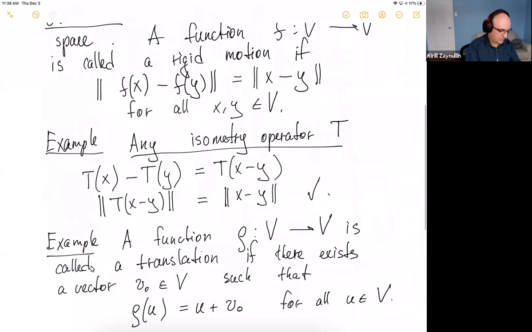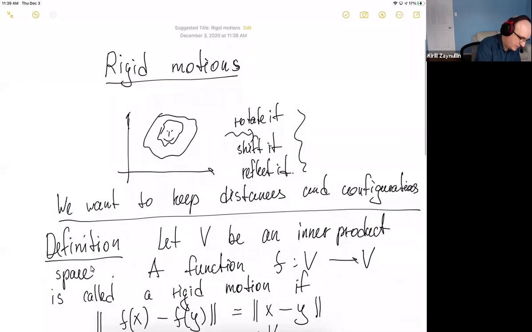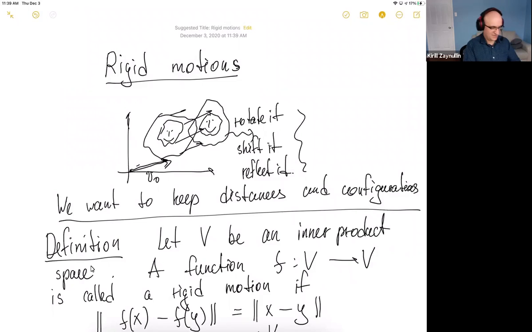Yeah, on that nice picture, say if I'm given a vector, say V0 here, what will happen is that I have to move that picture by that vector, right? So let's just, and I have to keep the same smiley face, right?